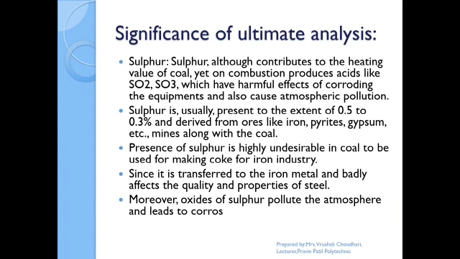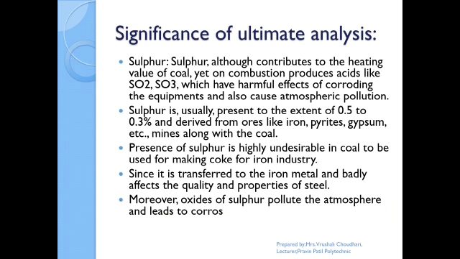Sulphur: if a large amount of sulphur is present, after combustion it is going to convert to sulphur dioxide and sulphur trioxide, which are very harmful. It also corrodes or deteriorates the machinery and causes atmospheric corrosion.